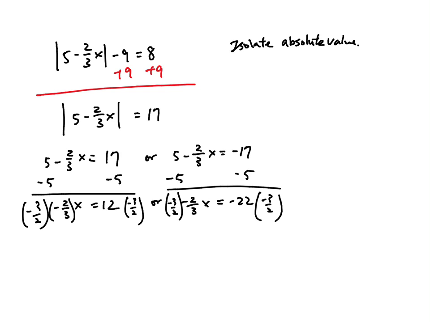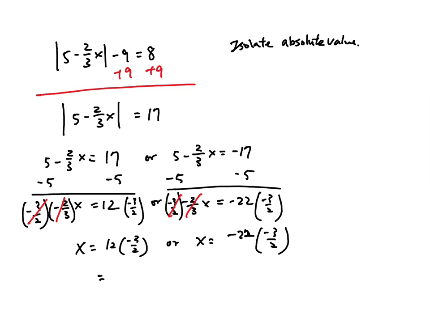This turned out pretty nice, all these cross out. So you're left with x equals 12 times negative 3 halves, or x equals negative 22 times negative 3 halves.